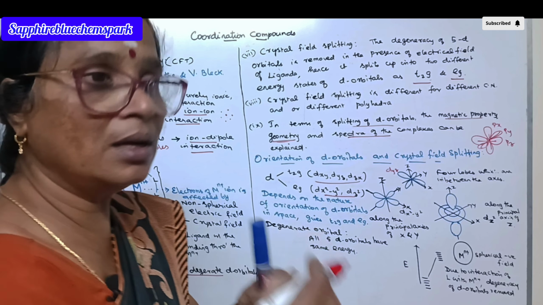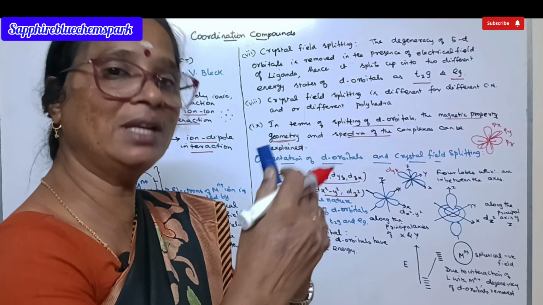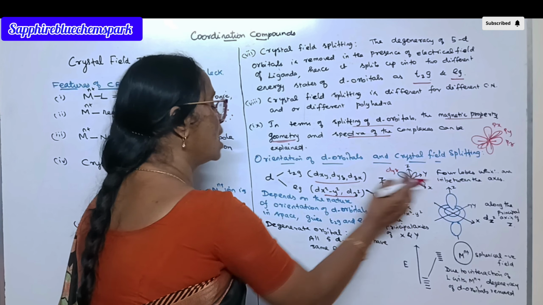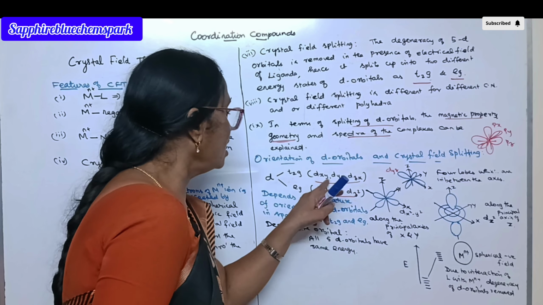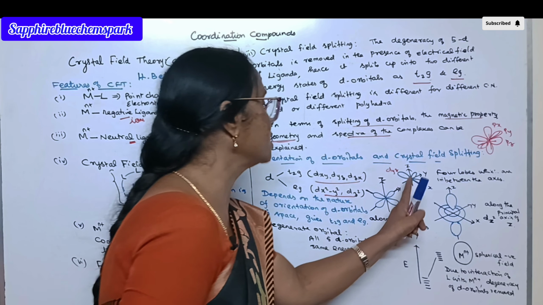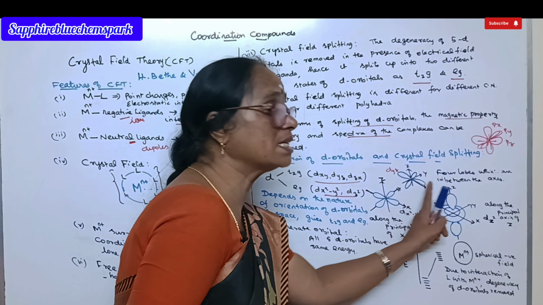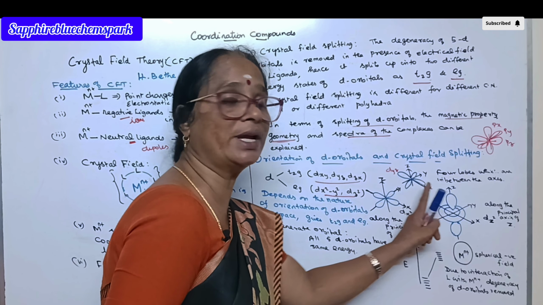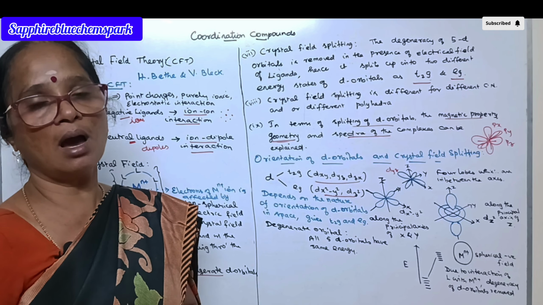When the lobes lie in between the axes, they are termed T2g orbitals. All these 3 d orbitals have their lobes in between the axes, and because of this similar pattern of orientation, they are termed T2g orbitals.